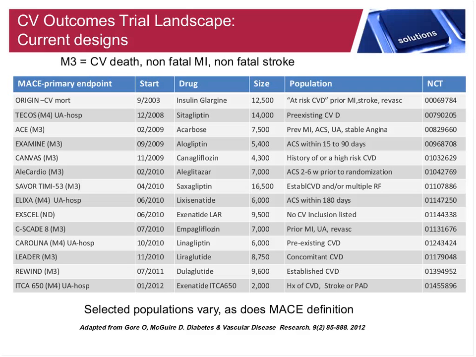And there are slight differences in trials. If you look at Carolina and Leader, one had pre-existing cardiovascular disease, the other listed concomitant CVD, and another study, Rewind, established CVD, and the criteria to meet these definitions differ even within similar kinds of descriptions. The NCT trial number is listed in the right-hand column if you want to evaluate those studies themselves.